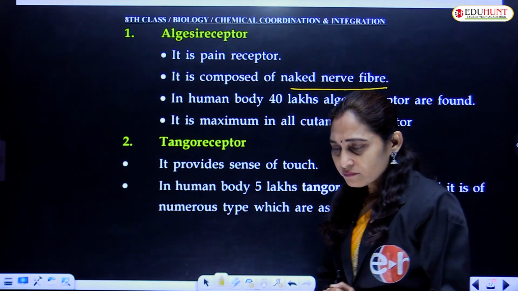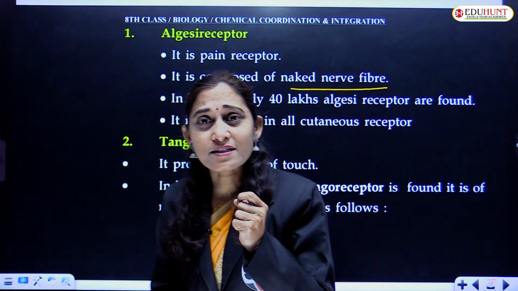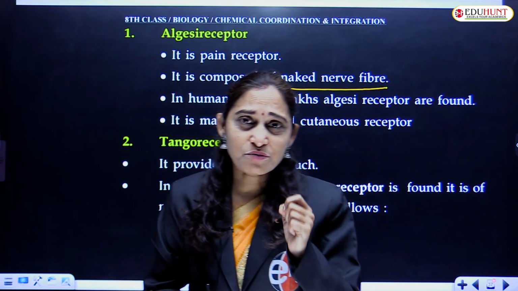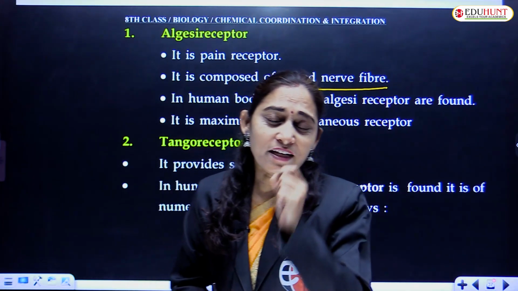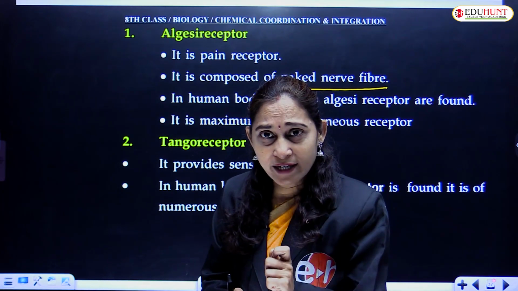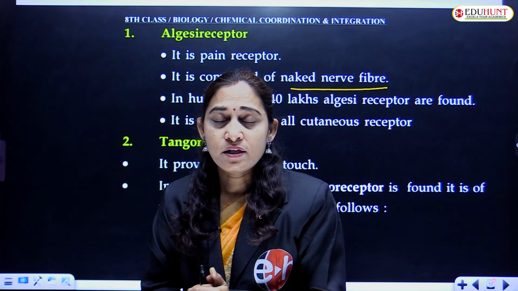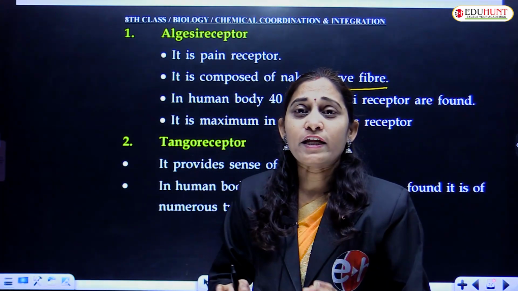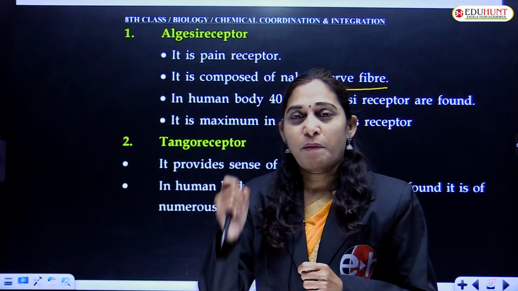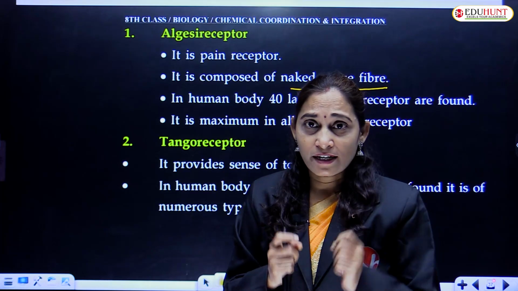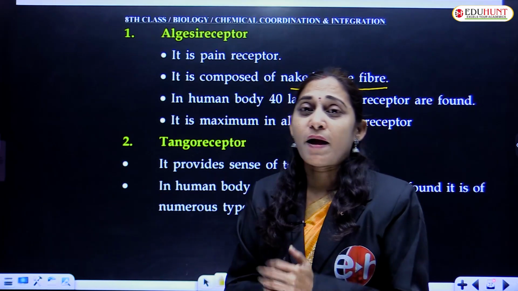Whenever we talk about a sense, it is connected to some sensory organ, and these sensory organs are provided with nerve fibers. Our entire body has connection with the nervous system, the brain, the spinal cord, and the nerves arising from the brain and the spinal cord.